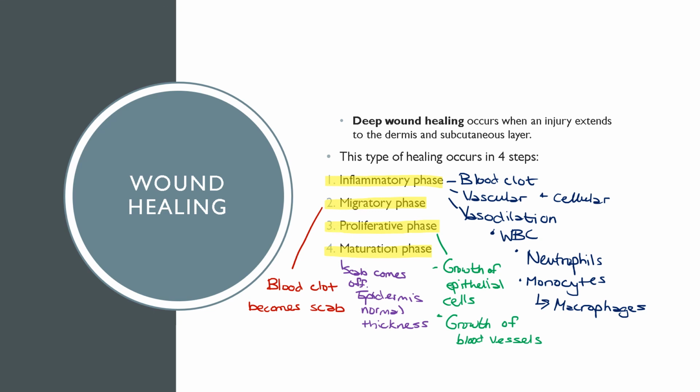So this is where the collagen fibers are all more organized by this point. The fibroblasts decrease in number and the blood vessels are really pretty much restored back to normal. So this is just kind of like a finishing off phase to get everything back to normal.